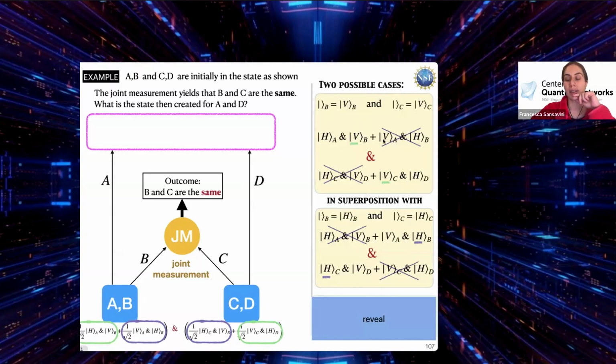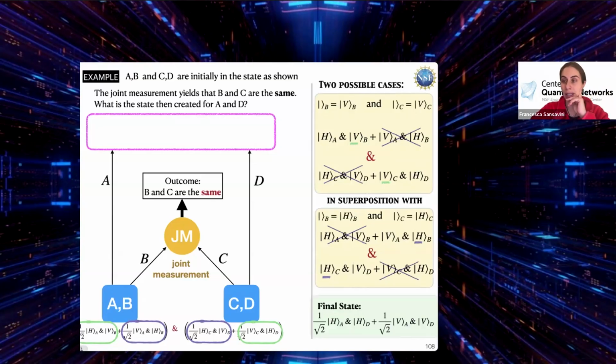As we can see here, if we select B and C as being V, then A and D are left in the H polarization. But of course, this case is in a superposition with the case of B and C being in the horizontal polarization. If this happens, as you can see here, we are left with A and D being in the vertical polarization now.